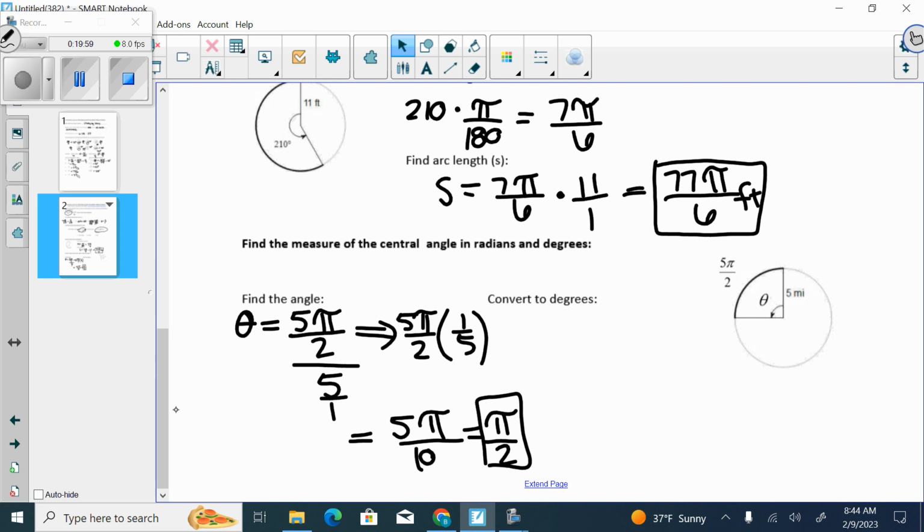Now they ask us to convert that into degrees. So, what do I multiply something by to convert it into degrees? Right.